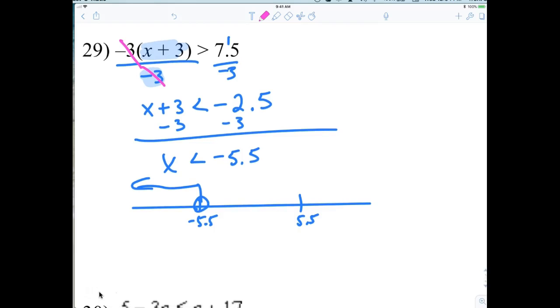If you were to distribute, it would be -3x. Did you put -9 is greater than 7.5? There's my problem. Okay. Then if you add 9, you get -3x is greater than 16.5. And now when you divide by -3, x is less than -5.5. You agree, same answer then?